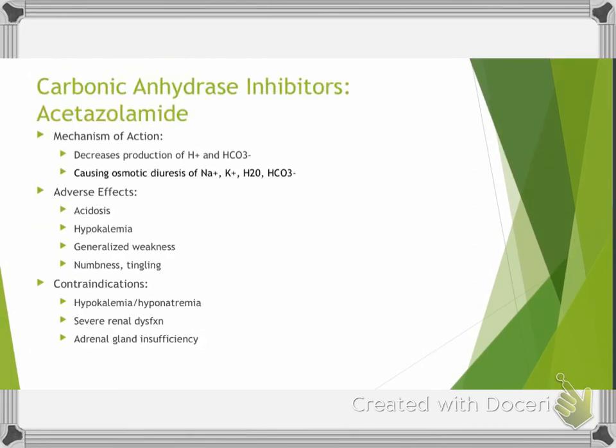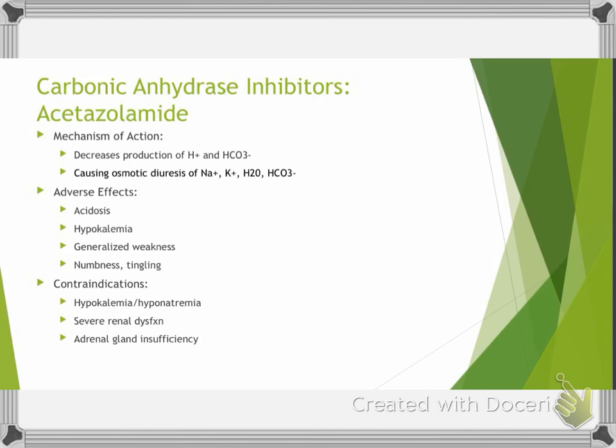So your carbonic anhydrase inhibitors, okay, their mechanism of action, they decrease the production of hydrogen ions and bicarb in the renal tubules, which causes osmotic diuresis of potassium and sodium and water and bicarb.